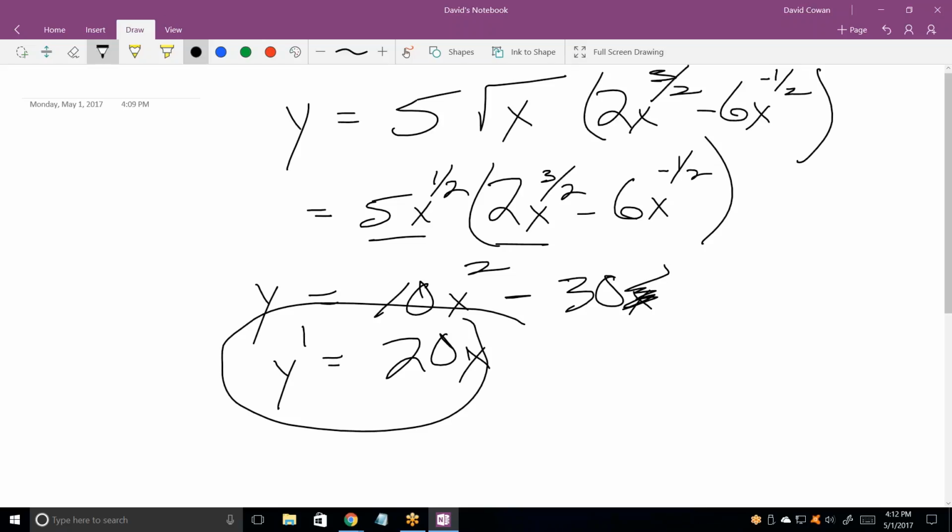If I had to deal with these as the product of two different functions, it would be a lot more complicated. But the fact that I can multiply them together simplifies the problem significantly. Don't have to use the product rule, don't have to use the chain rule. That's awesome.